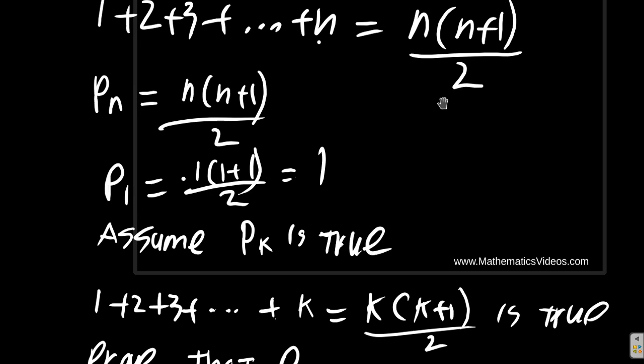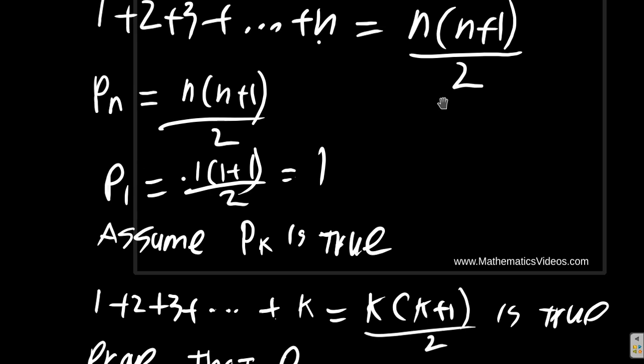Because if you prove that it is true for P1, and you prove that it is true for P100, you don't know whether it is true for P50. So you must fill in all the terms between 1 and 100. Although n goes on and on, there's no end to it.